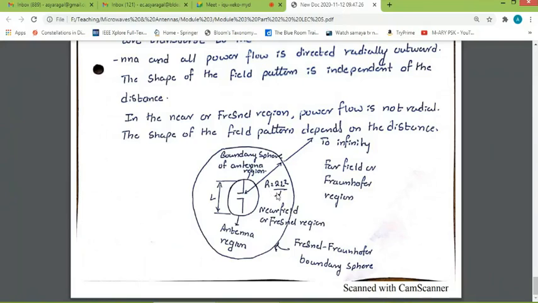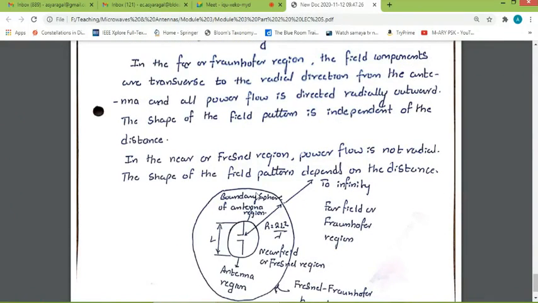Inside this Fresnel Fraunhofer boundary sphere we have the near field or Fresnel region. Outside it is the far field or Fraunhofer region. So the near field is usually called the Fresnel region, and the far field is called the Fraunhofer region.